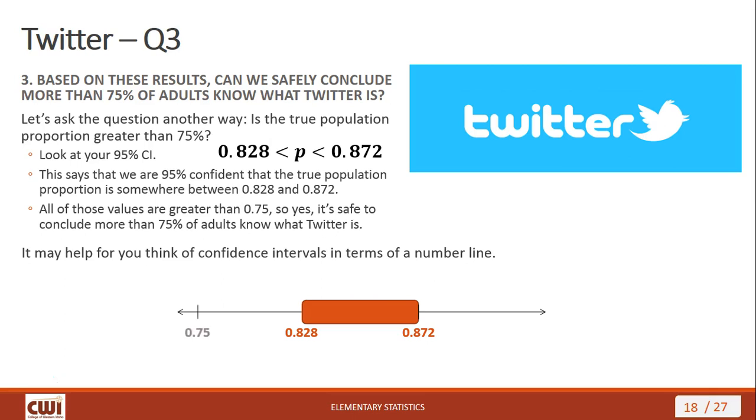Well, 75% is located out here on the left. Notice how the entirety of our confidence interval is located above 0.75. So therefore, we can conclude safely that yes, we are 95% confident that the true population proportion is greater than 75%, which means more than 75% of adults do know what Twitter is.